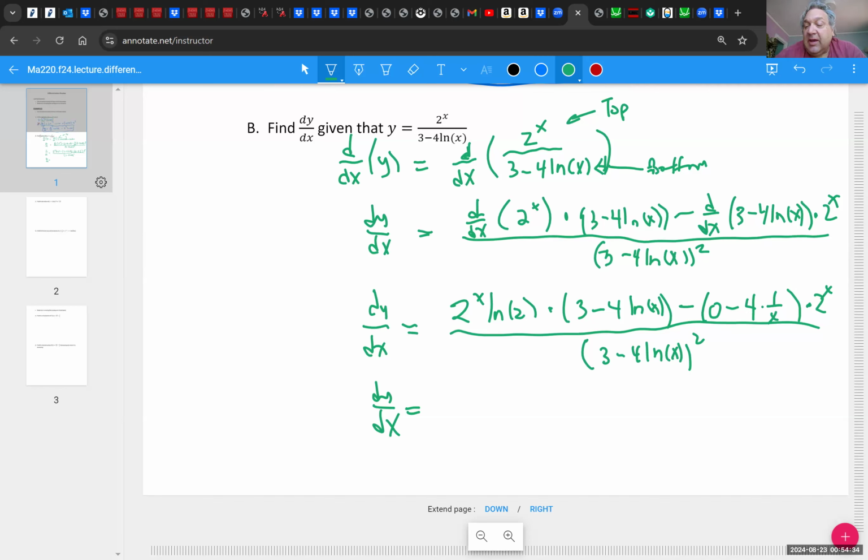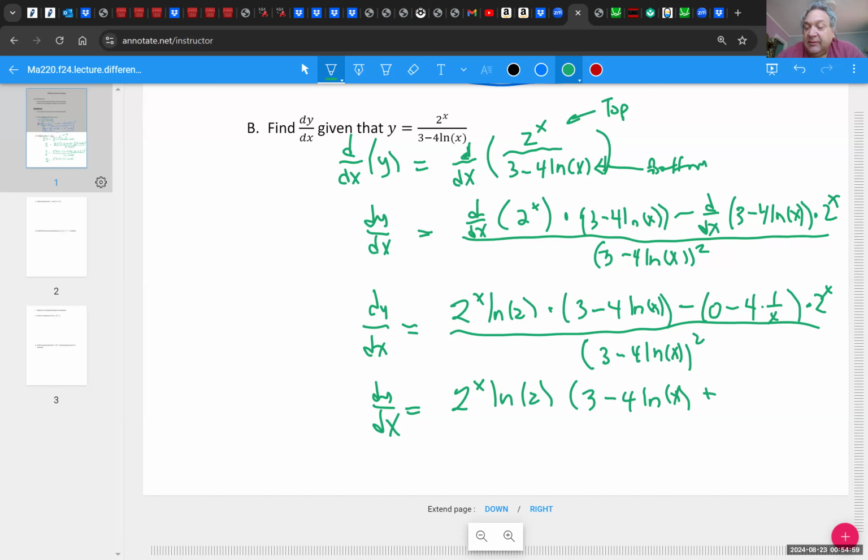But if you can sort of look ahead, these things don't look alike. They do have a 2 to the x in them, but it's not necessary to factor that out. I guess some people write the ln 2 in front, but you get to do your version of what looks nicer. I'm just trying to combine things together. So for example, 0 minus 4 times 1 over x is just minus 4 over x, and times a negative makes a plus.